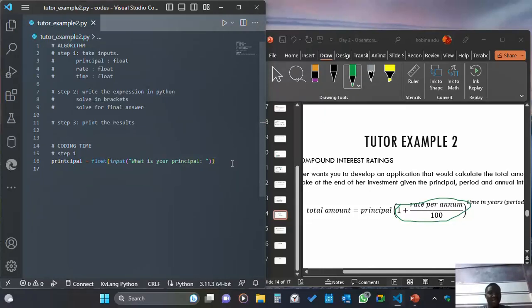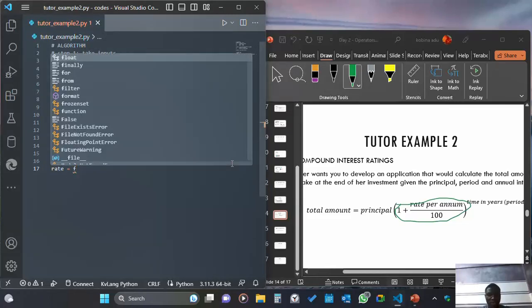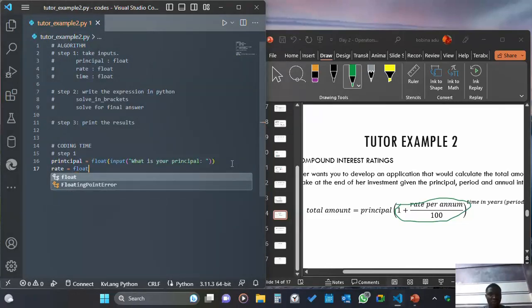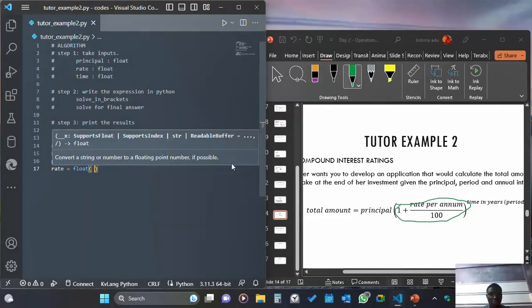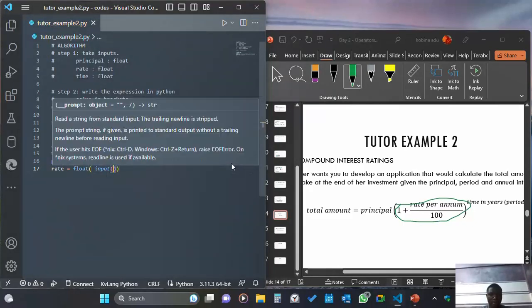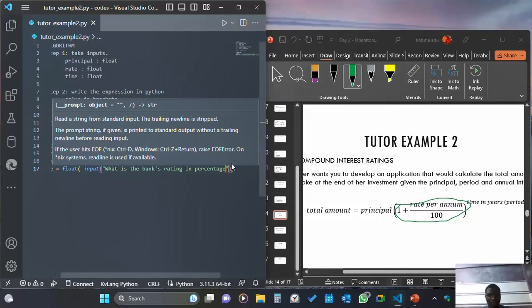Then the next one, we are taking in the rate. Okay, so we convert into a float, and we say input, what is the bank's rating in percentage? In percentage.